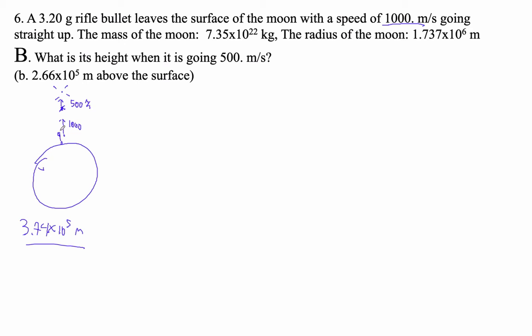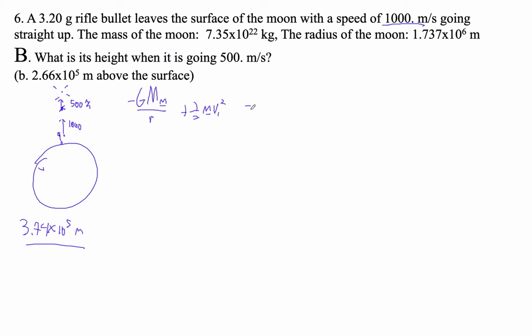Right, so what we'll do is we'll say kinetic plus potential here equals kinetic plus potential there. Okay, no way around that. So we're going to go minus G mass of the moon, mass of the bullet, over the radius at the surface, plus 1/2 m v1 squared, and that's little m, the mass of the bullet.